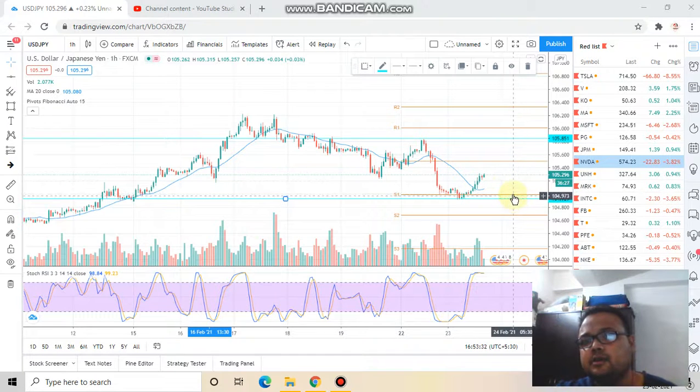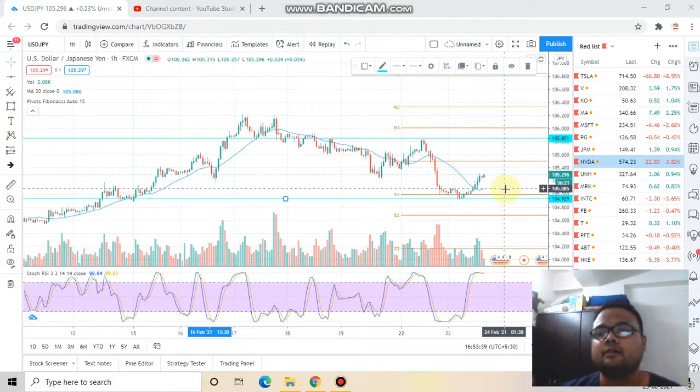Similarly, if you spot this similar scenario at this level, if you spot some reversal sign, or if you see that price is bouncing, bulls are not allowing the market to go below the levels of 105, then it's a buy.